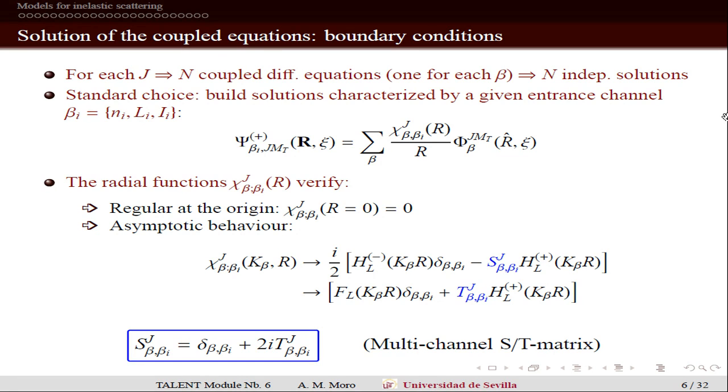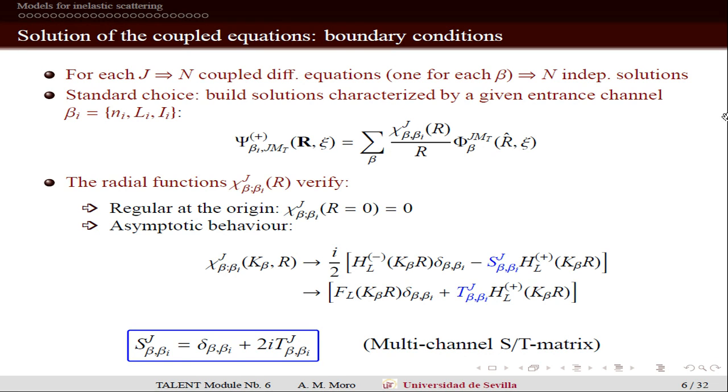And so our solutions are written as a superposition of the beta channels that correspond to all possible outgoing waves for a given initial channel beta I. That is why now we have an additional index in these radial functions. So we need to find n independent solutions of this type. And to impose the fact that we have an incoming beta and then all outgoing betas, in practice, this is expressed in this form.